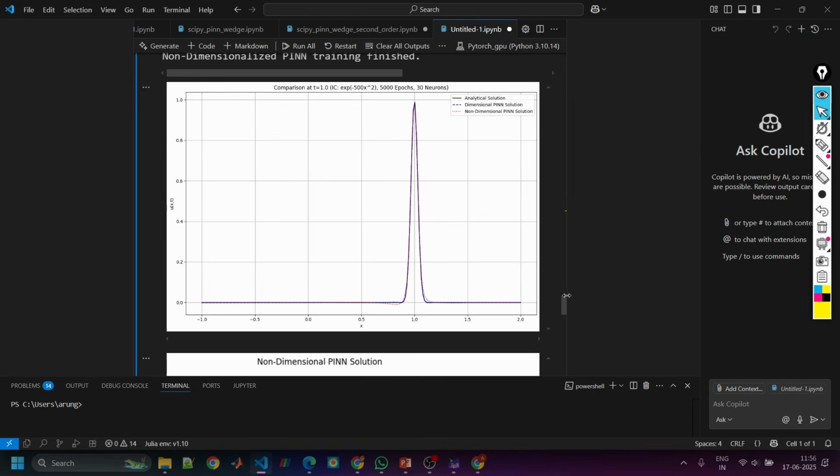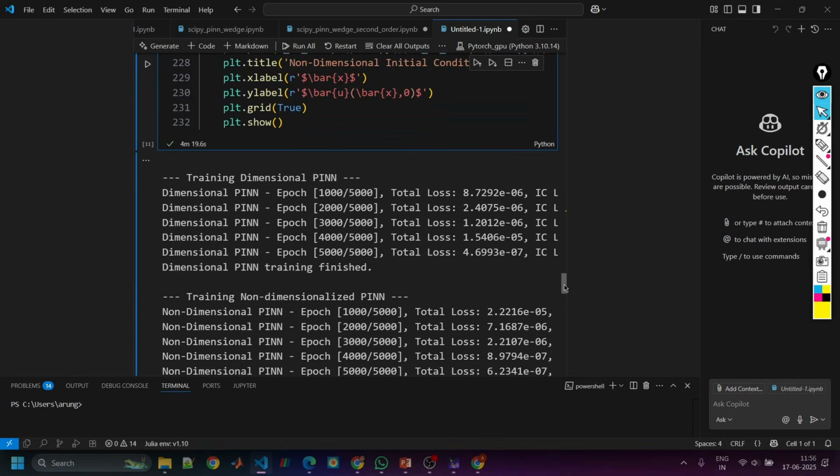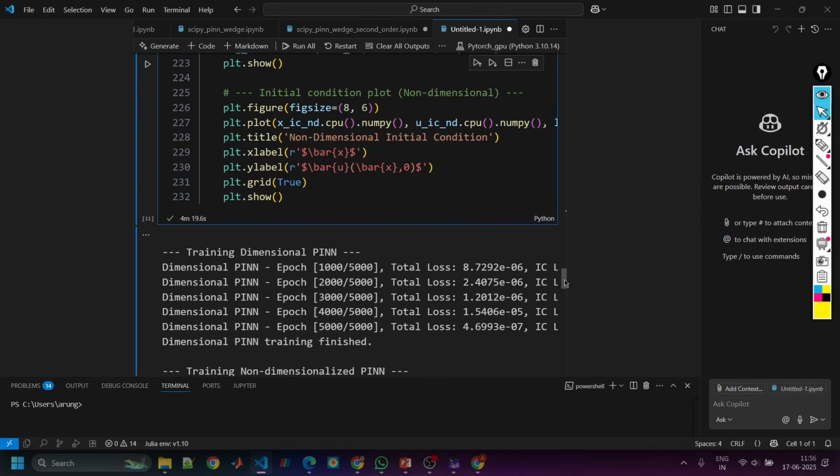So I hope in this video you got an idea of the advantages we get when we solve the problem using PINN. First of all, we do not need any separate architecture or care about discretization. In traditional methods, we need upwinding to solve hyperbolic equations. But when we solve using PINN, we do not need upwinding.